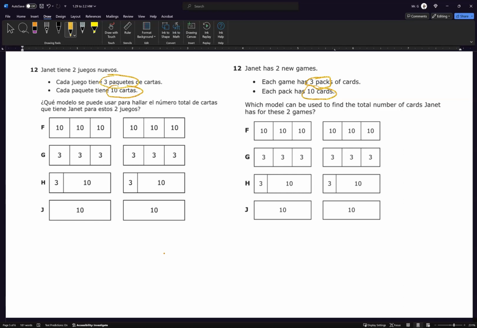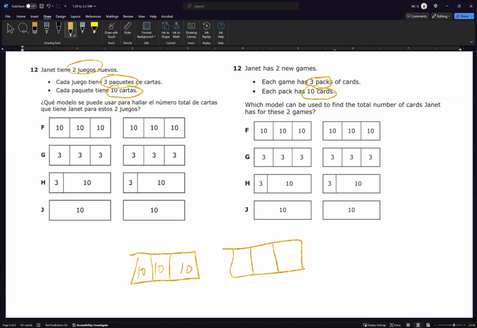So hay 2 paquetes. So vamos a necesitar de 2. Okay. So cada juego tiene 3 paquetes. Okay. 3 paquetes. Y ahora cada uno lleva 10. So uno tiene 10, el otro tiene 10 y el otro tiene 10.